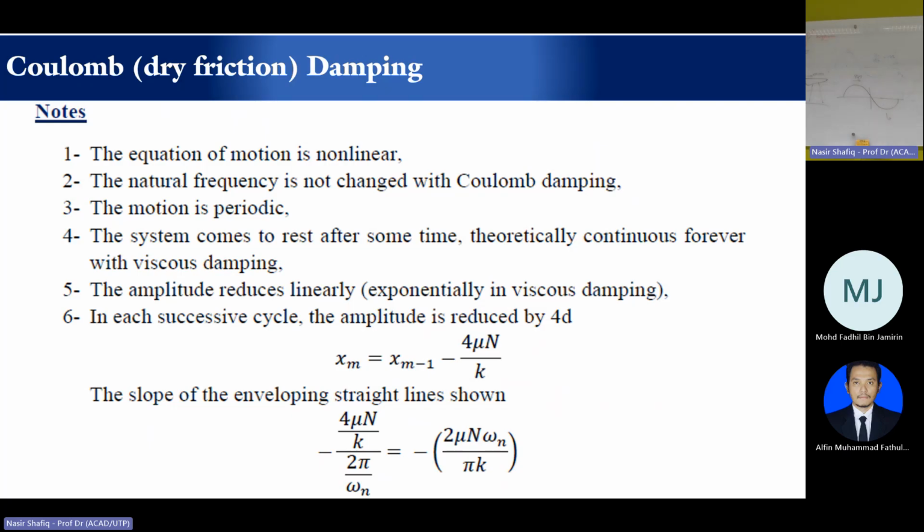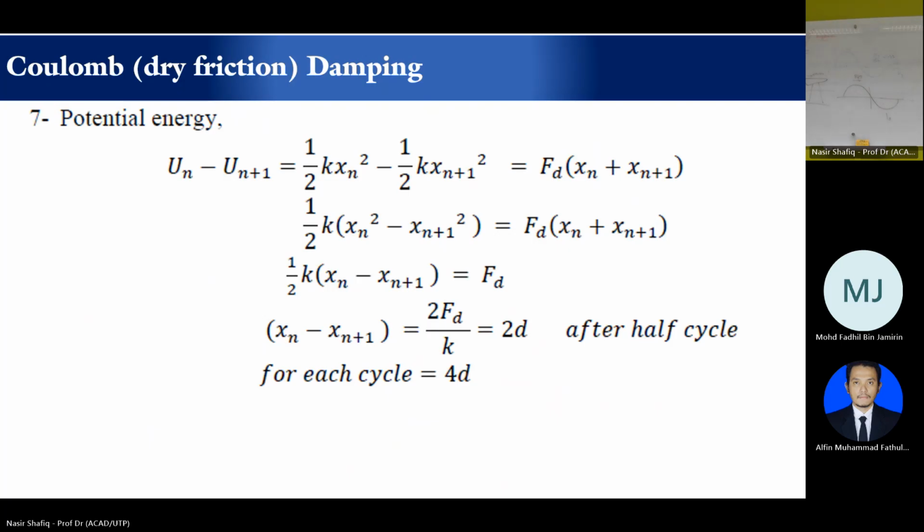So xm is equal to xm minus 1 minus 4d. The slope of that line is known as 4d upon 2m for a full cycle, because the potential energy after the half cycle for each cycle is 4d.